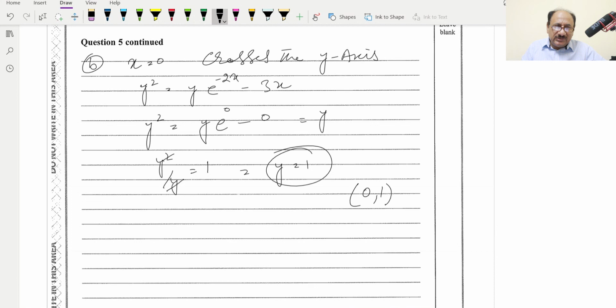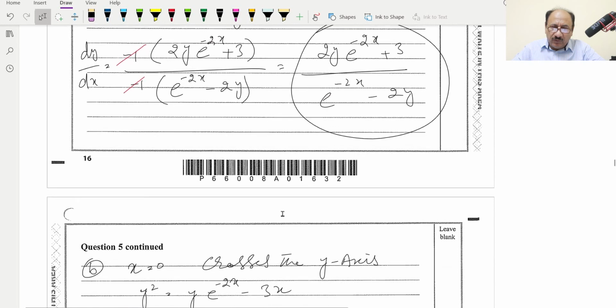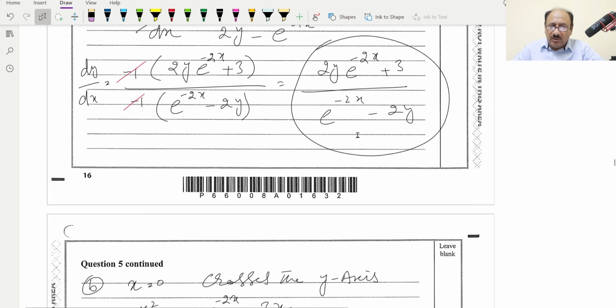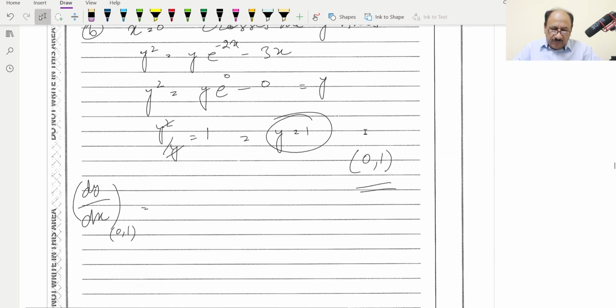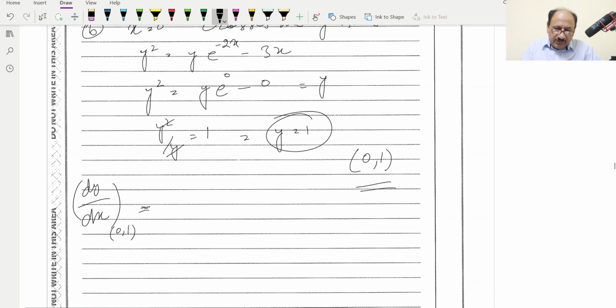So if x is equal to 0, y will be 1 and our point will be 0 and 1. Now we can also find dy over dx at this point, which is 0 and 1. In the gradient which we just found, we'll be replacing the value of this point, which is 0, 1.